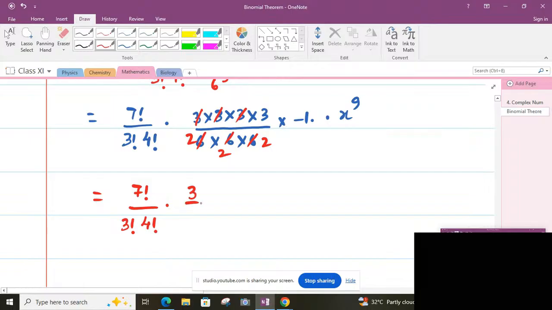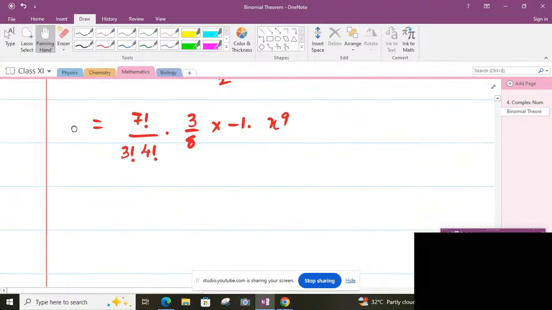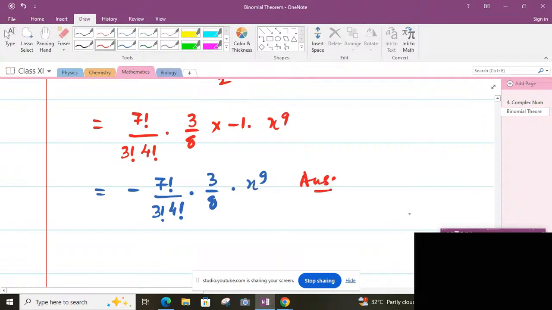So here will be 3 by 8 into minus 1 into x to the power 9. So final step will be minus factorial 7 by factorial 3 into factorial 4, 3 by 8 into x to the power 9. So this is the answer. Hope that there is no problem to understand the solution.